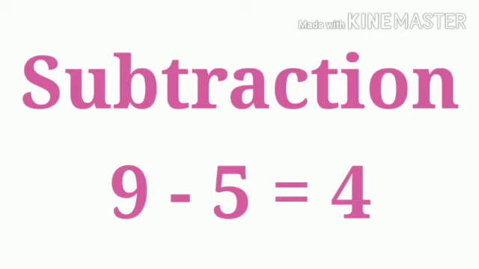Tell me why? Because 9 is greater than 5, so 9 will come first at the top and we will subtract 5 from 9. And here the difference between 9 and 5 is 4. There are 4 sweets left with me.